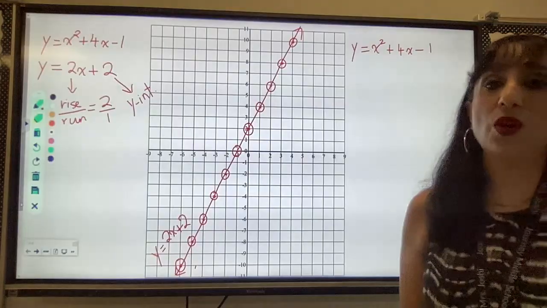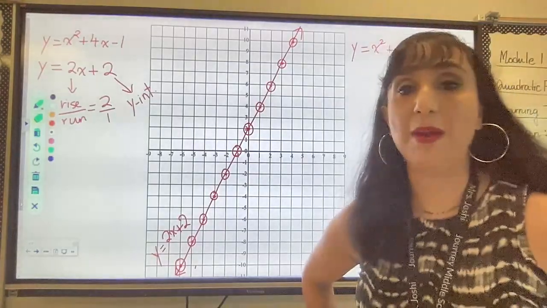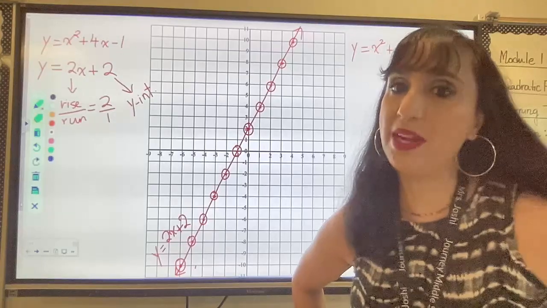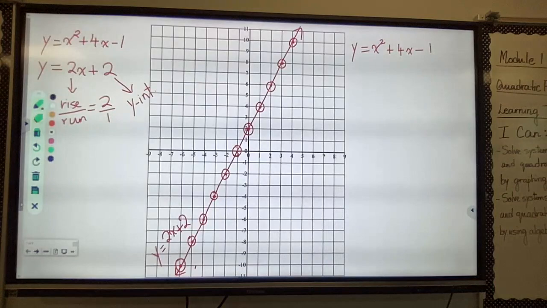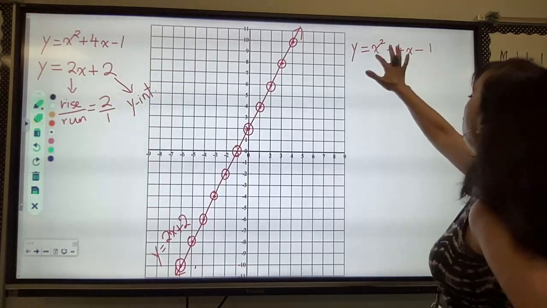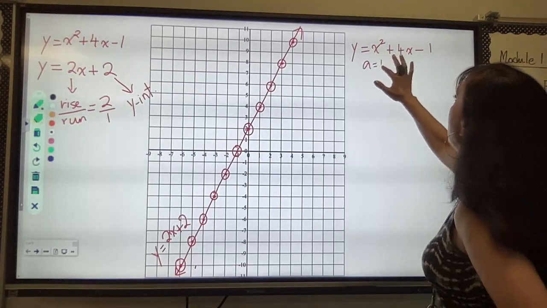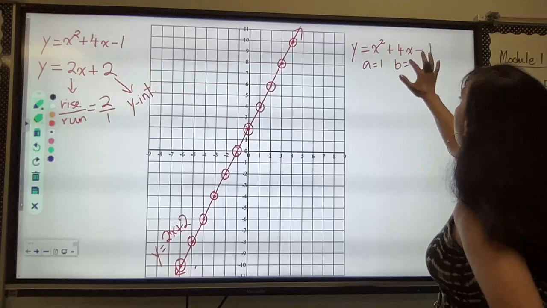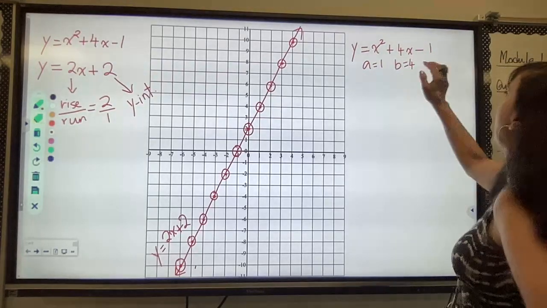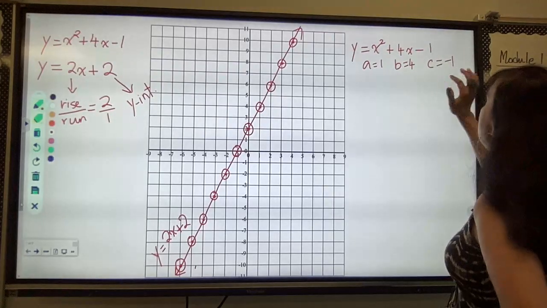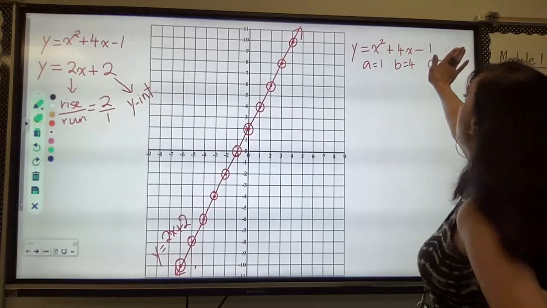So first thing with the quadratic, what am I supposed to do? I am going to find the axis of symmetry. We know that a is 1, b is 4, and c is -1 in this case, but we're not going to need c right now.